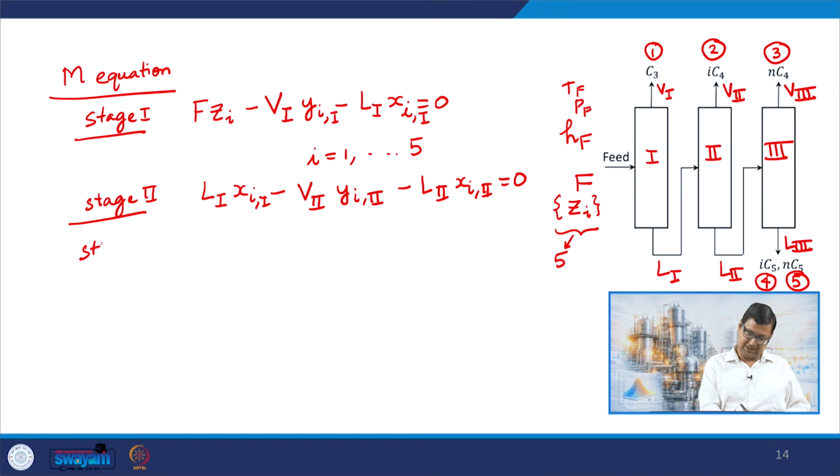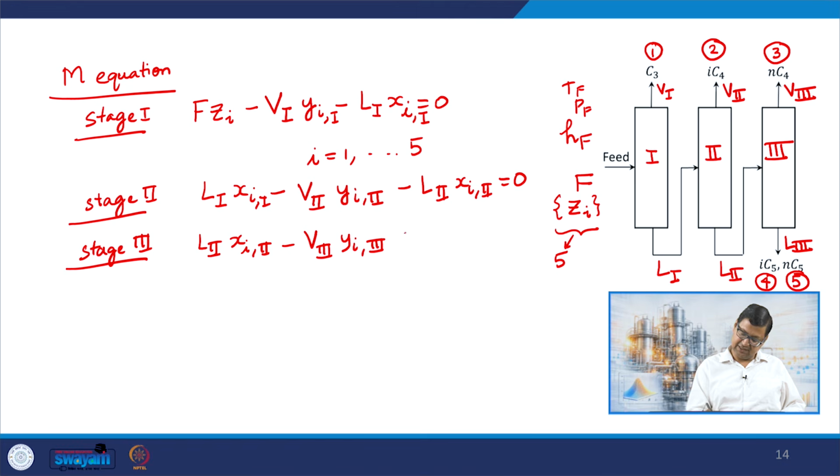And similarly, for stage 3, I am going to have L2 Xi2 minus V3 Yi3 minus L3 Xi3, right?